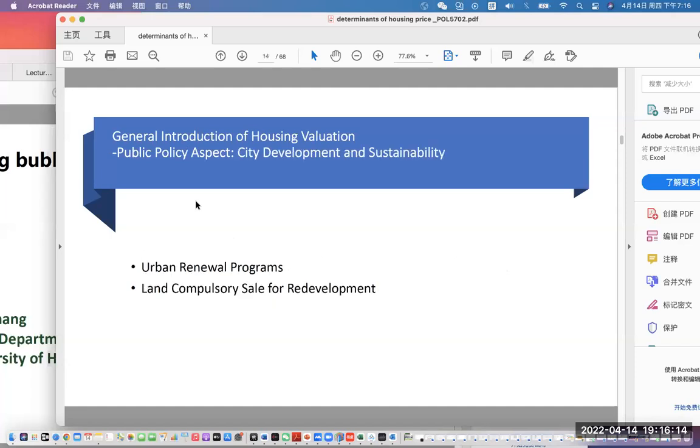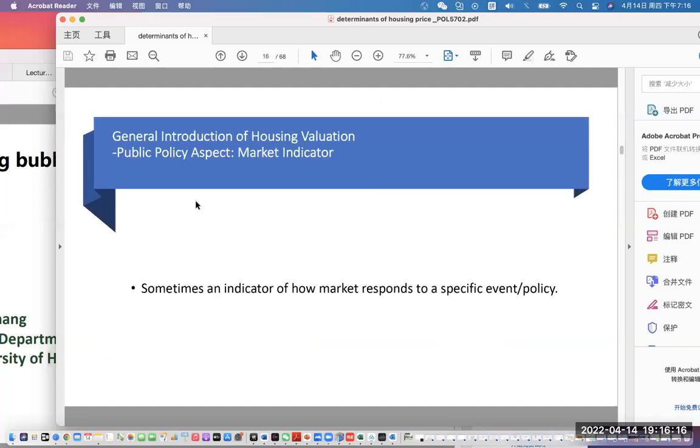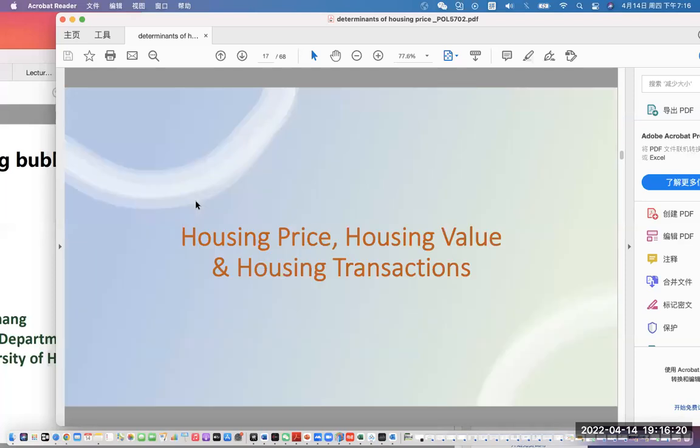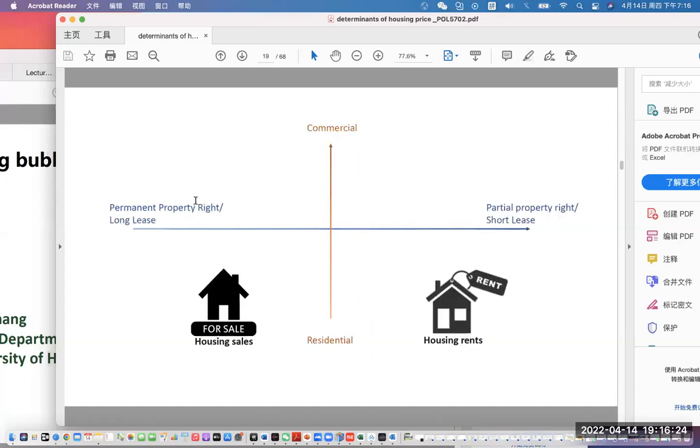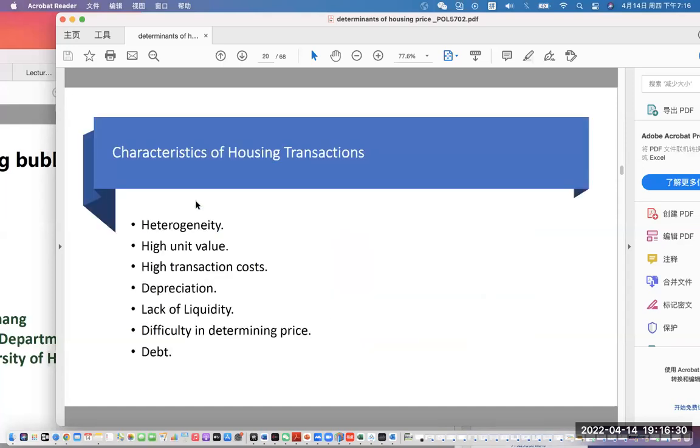This really introduced how land acquisition or policy would affect housing value or housing transactions, by using different theoretical understanding and the bundle of property rights and the different housing transaction characteristics: heterogeneity, high unit value, high transaction cost, depreciation, lack of liquidity, and difficulty in determining the price.